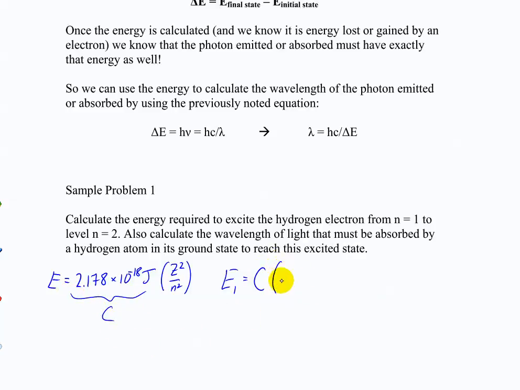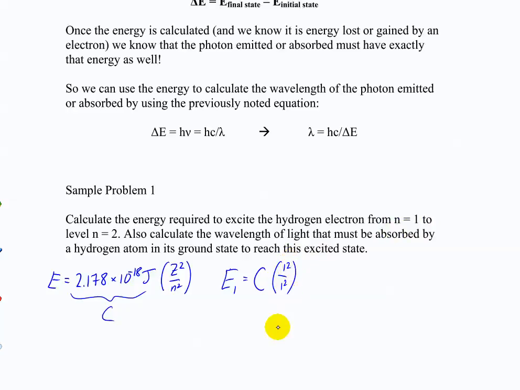Okay, what's Z squared going to be? What's Z going to be? Remember, Z is the atomic number, so Z for hydrogen is going to be 1. And what's n squared going to be? Well, n in this case is just the shell. So if we're looking for the energy of an electron in the n equals 1 shell, that means n squared is going to be 1.